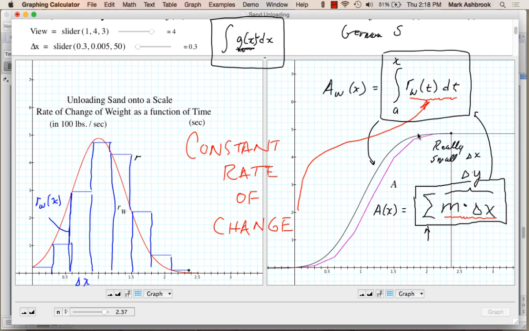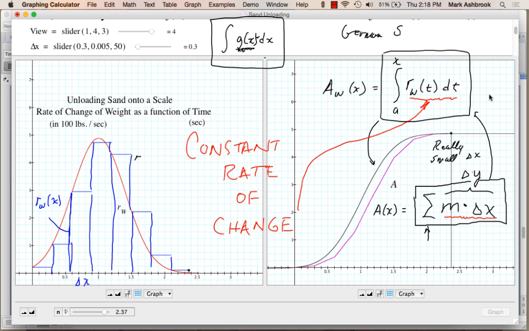Use your one-line A function, with delta x being really, really small, and you will get a graph that's indistinguishable from the integral graph. Okay, so that's the whole point: our one-line accumulation function is essentially the same as this notation for very, very small delta x. So small that you can't tell the difference.